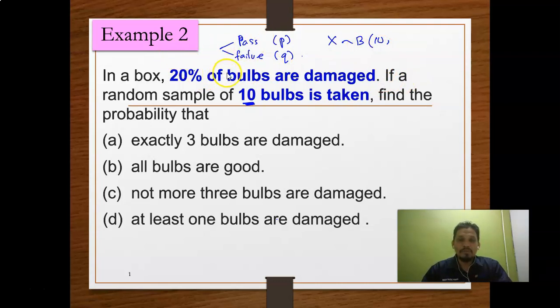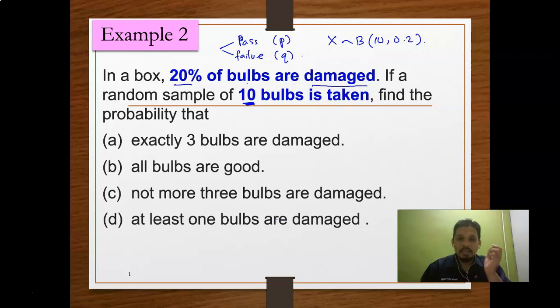If we refer to the pass based on the bulbs that are functioning in good condition, we put this as P. But in this case, we are focusing on the percentage of bulbs damaged, so the damaged 20% here is the P. Not in all conditions, when we talk about P, the pass, and Q the failure, does pass mean the object is in good condition.